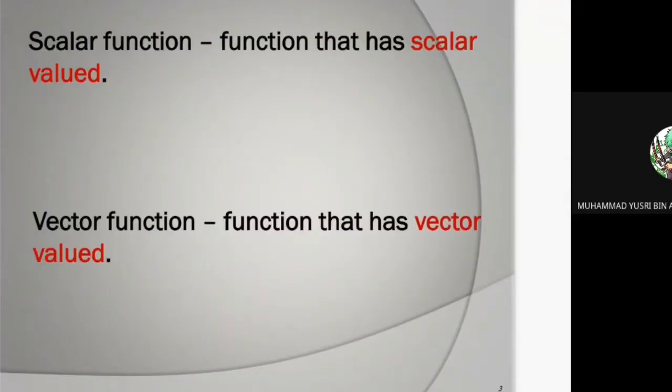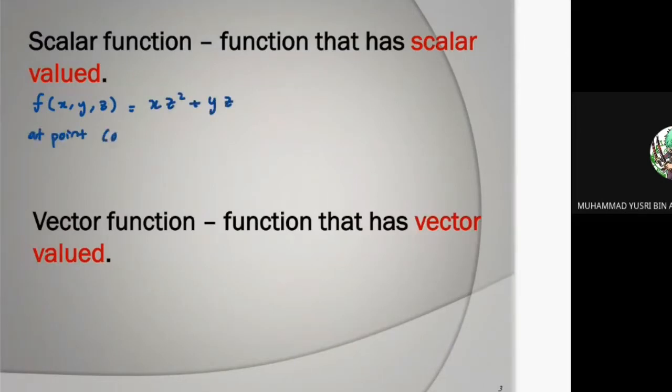Next is the definition of scalar function and vector function. Scalar function is the function that has scalar value. So let's say you have a function f(x, y, z) equal to x z squared plus y z.